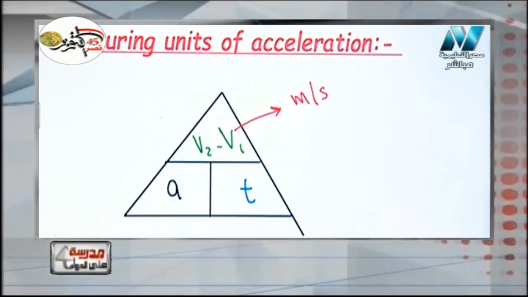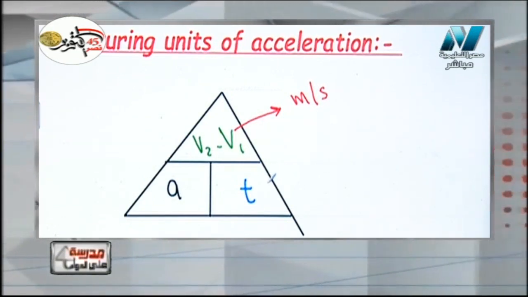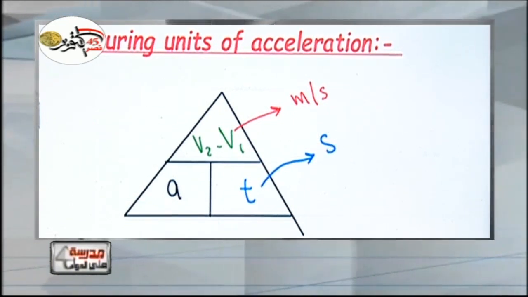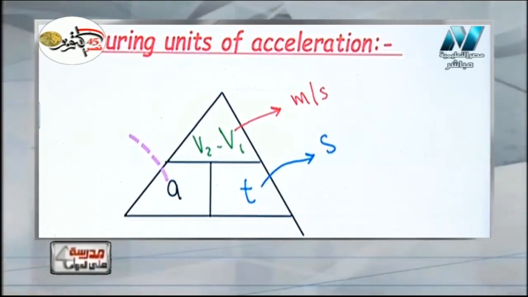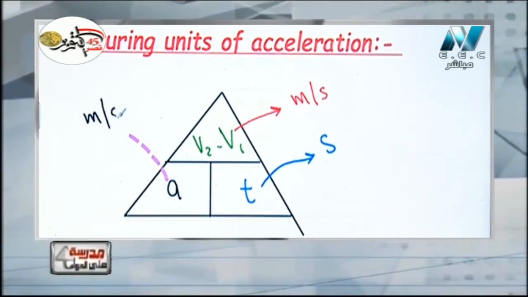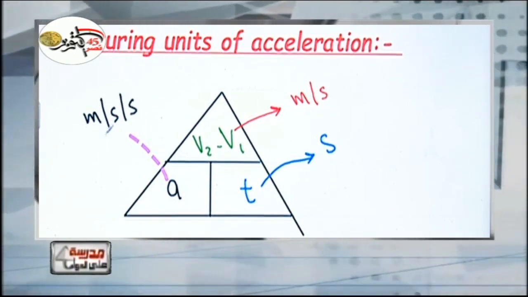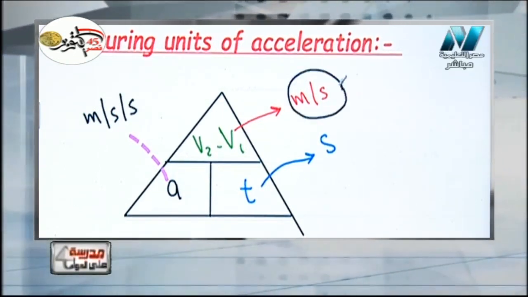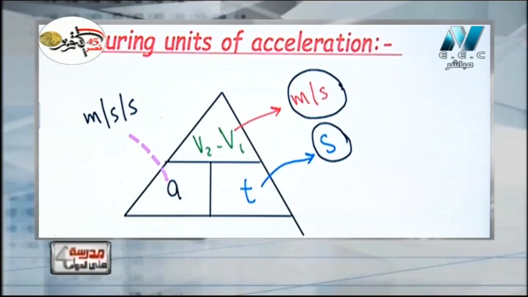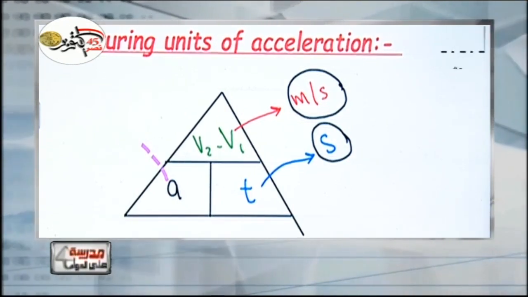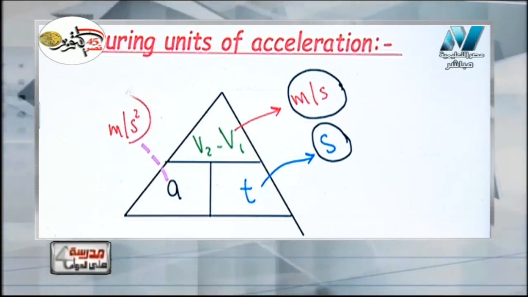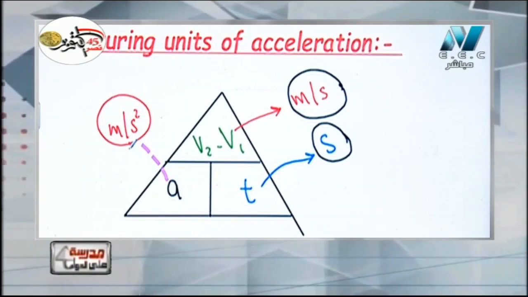If the speed is in meter per second, the time is in seconds. So the measuring unit of acceleration is meter per second per second, because the unit of speed is meter per second and the unit of time is second. So we write it as meter per second squared, because we have meter per second per second again.